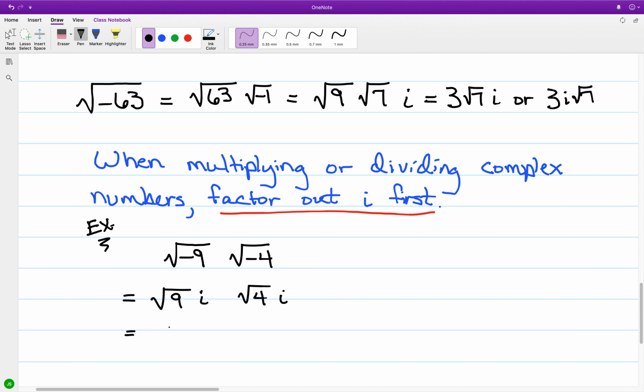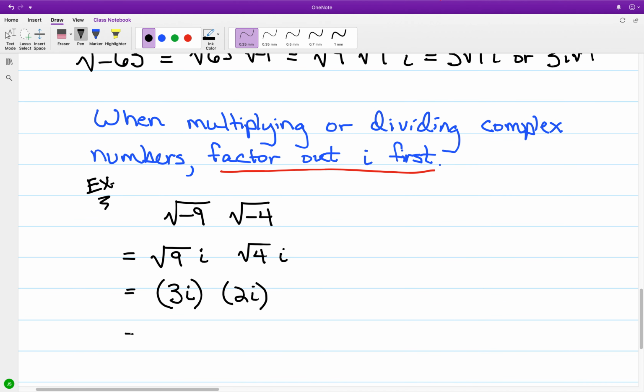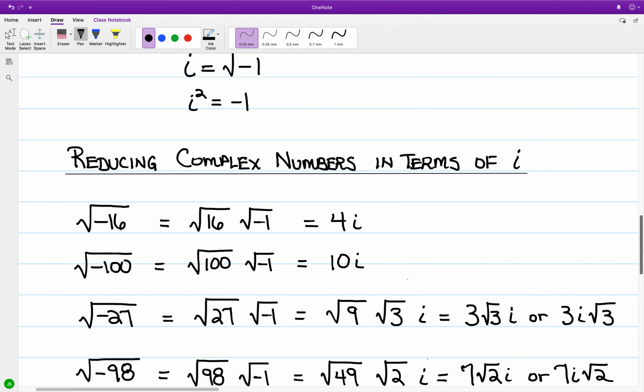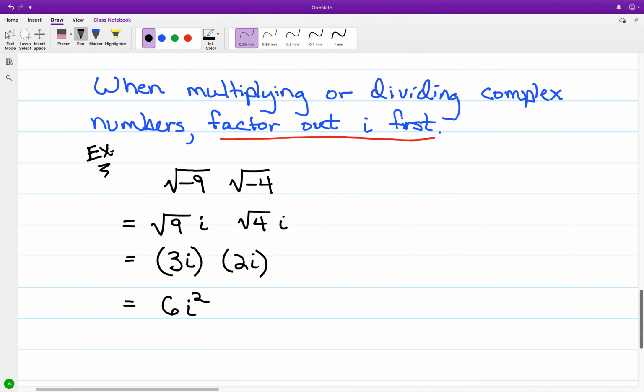The square root of 9 times i goes to 3i. The square root of 4 times i goes to 2i. 3 times 2 is 6, and i times i becomes i squared. And guess what? Going back, i squared is equal to -1.